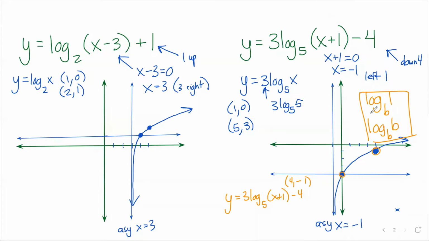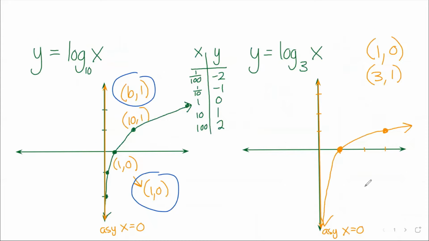Okay, last thing on log graphs. I'll go back to the very beginning here, to log base 3 of x. We know at this point that log functions and exponent functions are inverses of each other, and we also know what inverse functions should look like when you graph them. They should be reflections across the line y equals x.